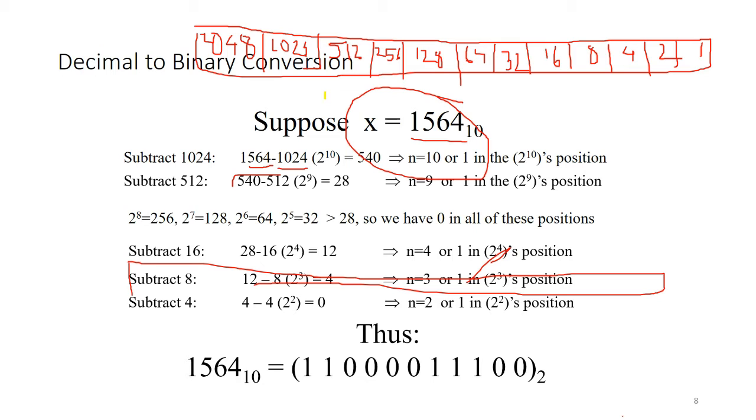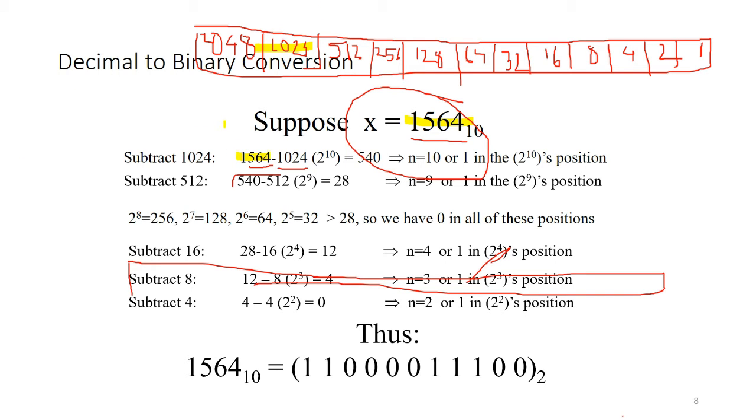You see, this 1564 is close to which number? 1564 is close to 1024. We are picking 1024 instead of 2048 because 1024 is not only near but also it is less than that. So that's why we have picked it up.